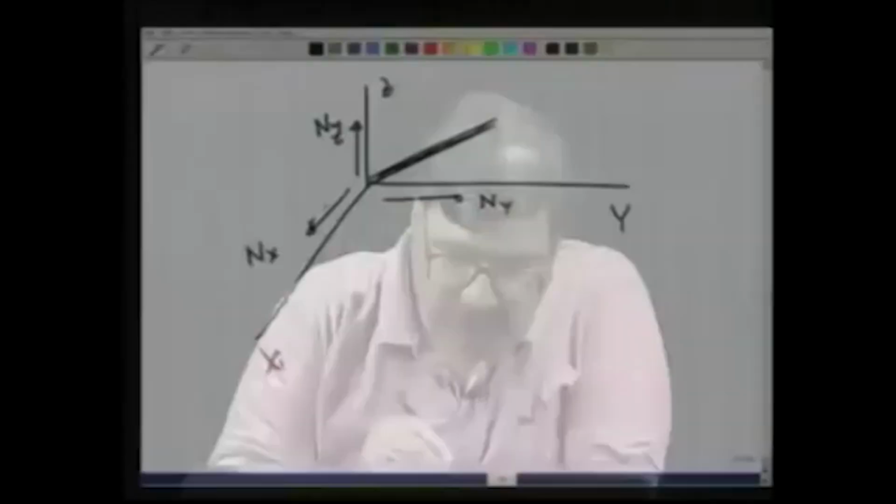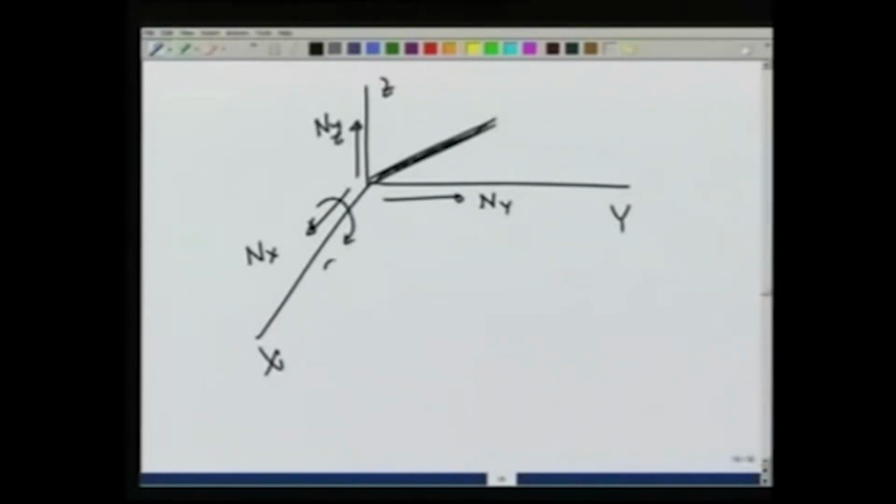Since it is fixed in the wall, using arguments that we use in say 2 dimensions, it can also provide a torque about the x direction, it can also provide a torque about the y direction, and it can also provide a torque about the z direction.